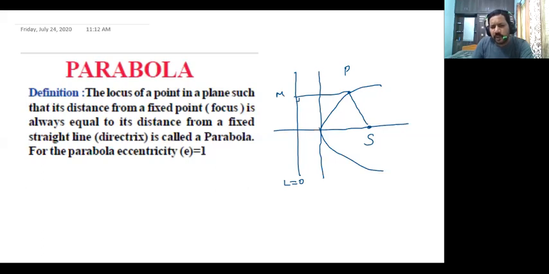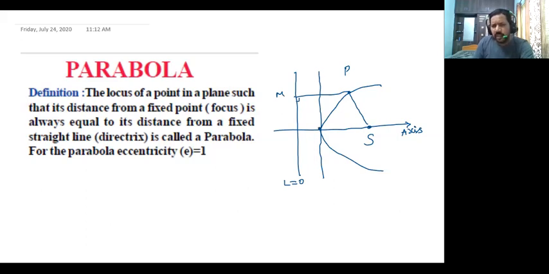This point we call the vertex. What is the vertex? First, this is the axis, the axis of the conic. The point of intersection of the axis and the conic is called the vertex of the conic.